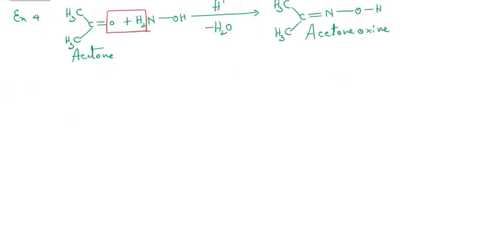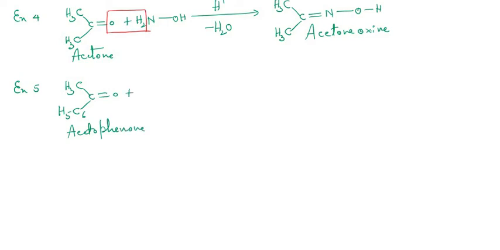Now let us have the last example, that is example 5 with an aromatic ketone, right? So for the aromatic ketone, I can write here CH3C double bond O, then C6H5. The name of this compound is acetophenone.